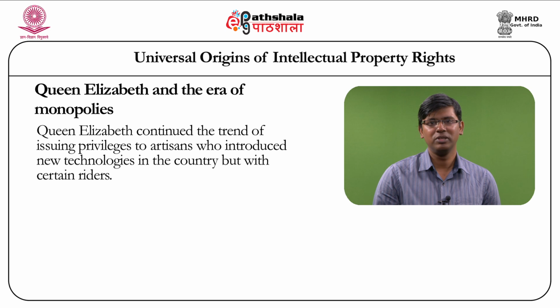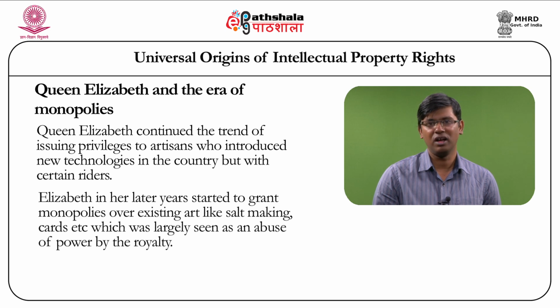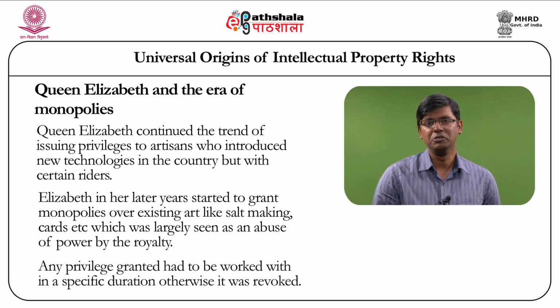Some of these monopolies would be granted over things that were already in existence. For instance, monopolies were granted for making playing cards and making salt. All these practices were already in existence. People knew how to go about it. But these monopolies or privileges were granted by Queen Elizabeth largely to keep her nobility happy.